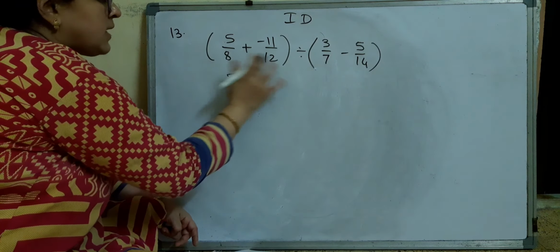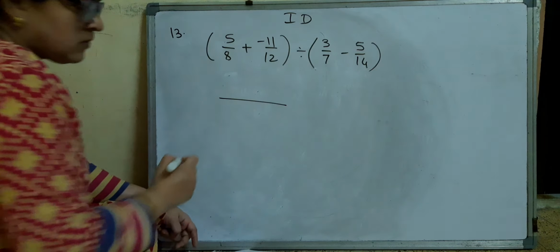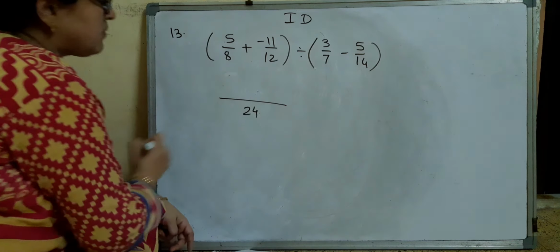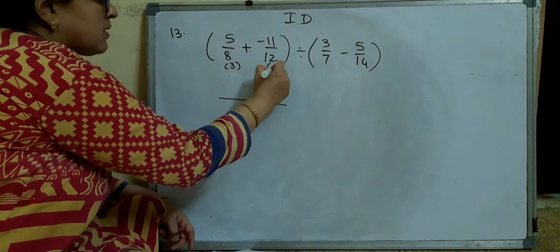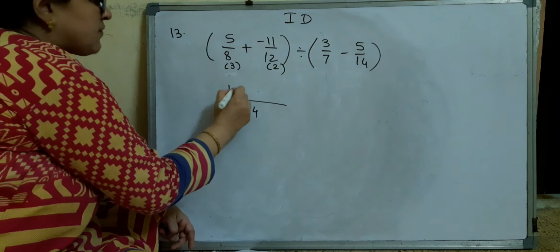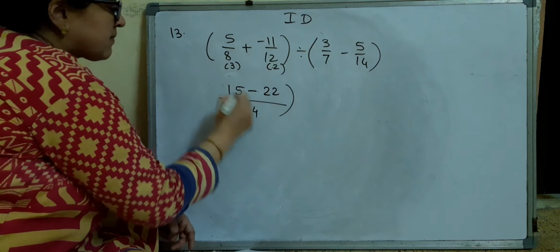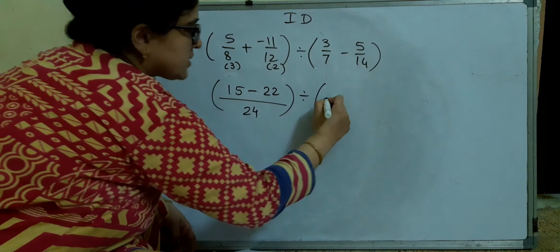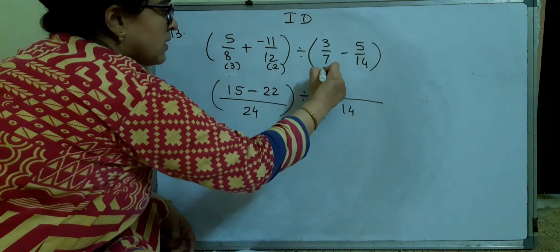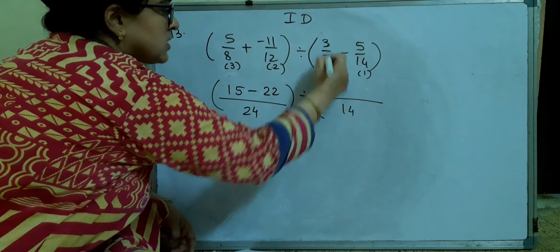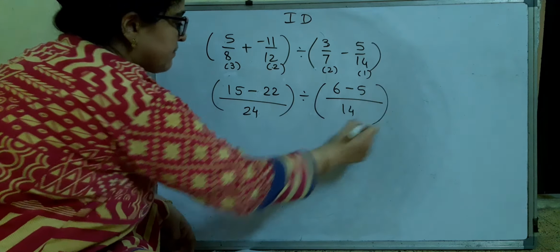For 5/8 and 11/12, the LCM is 24. Multiply by 3 and by 2. 5 3s are 15 plus minus 11 2s are 22. Here the LCM is 14, multiply by 2 and by 1. 2 3s are 6 minus 5.